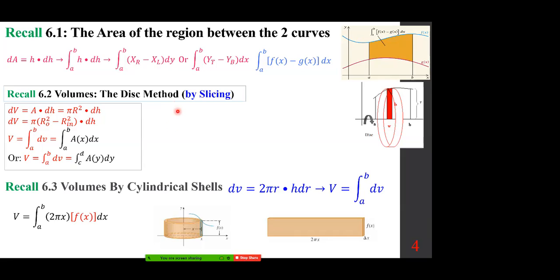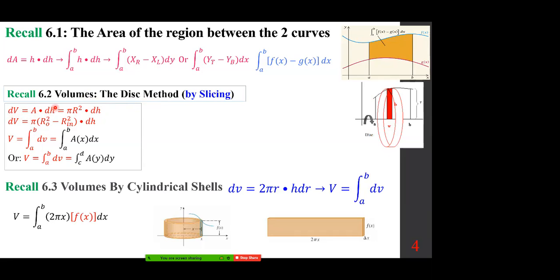The method of slicing, when you want to find the volume of revolution, you revolve it about a specific axis. It could be the x-axis, the y-axis, or any line, x equals this, y equals that. Now we have an increment of a volume. I'm going to call it dV, which is the area times dh.